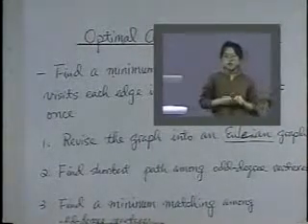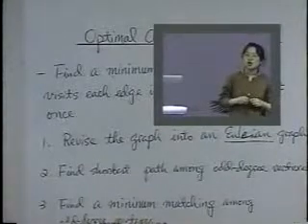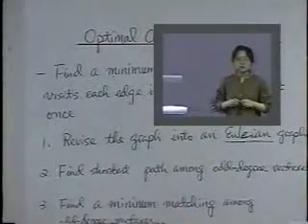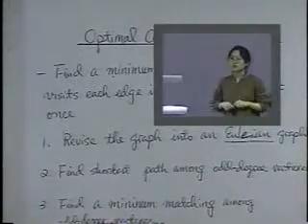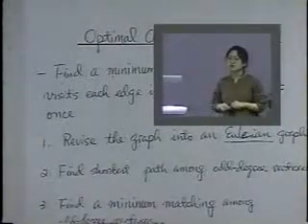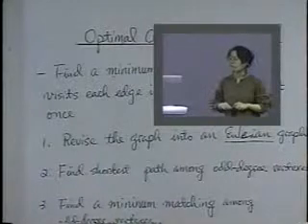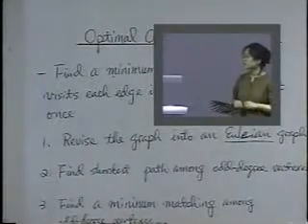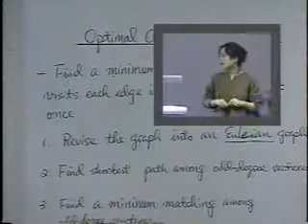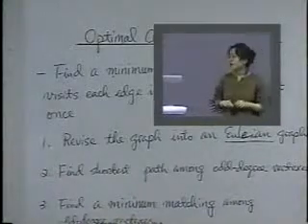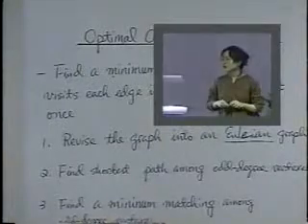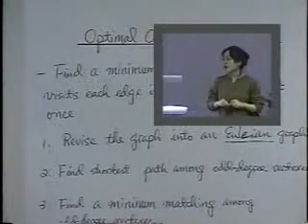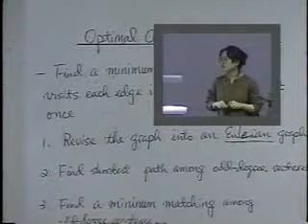First step, we need to find the shortest path from each odd degree vertex to the other odd degree vertices. For this we can use Dijkstra's algorithm of dynamic programming. And the second step is how do we find the minimum matching once we have all the shortest paths between all the odd degree vertices.